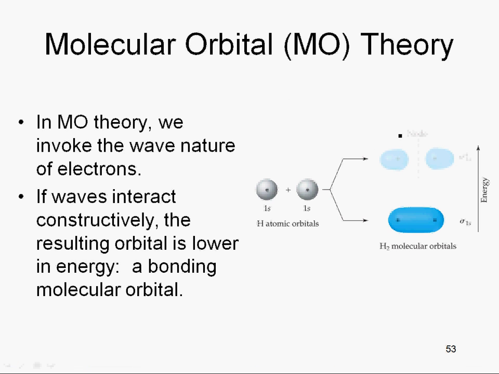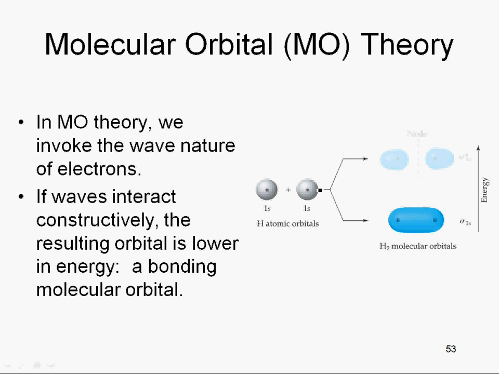So, if the interaction between the two hydrogens is like constructive interference, you get a lower energy. And this sigma, without the star, contributes to bonding. When electrons go into sigma orbitals, they contribute to bonding.